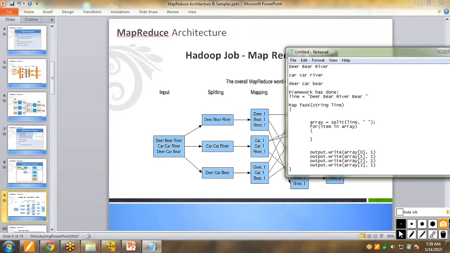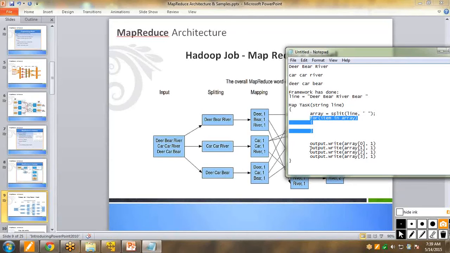When you write a program, the input for your map code will be like this. You get a line, and once you split the line, you might deal with a for each loop or while loop, up to you.